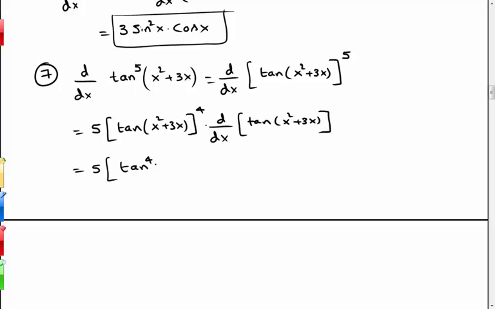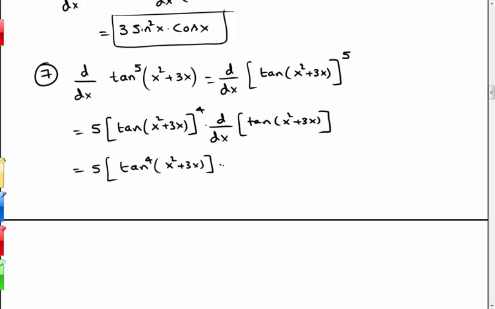I can replace this with tangent to the 4 of x square plus 3x, and d dx of tangent of something. This is not d dx of a simple tangent x.